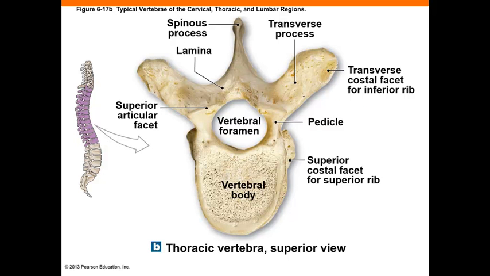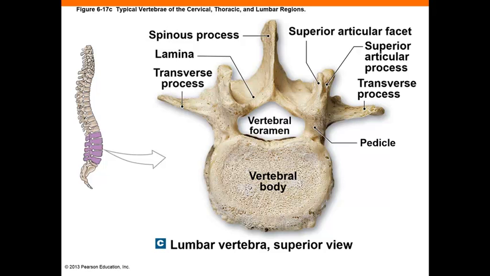Thoracic vertebrae come next, and there are 12 thoracic vertebrae, 1 for each pair of ribs. The thoracic vertebrae have a heart-shaped vertebral body, and it has a long, slender spinous process that points inferiorly. It has costal facets that articulate with the ribs.